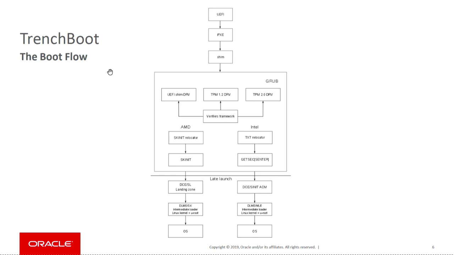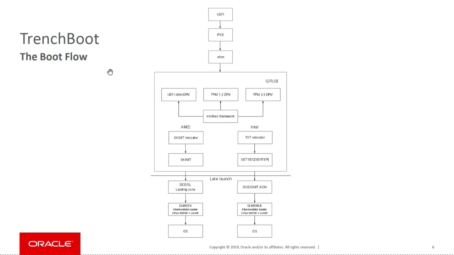Control is passed to secure launch, which is called in our case landing zone, and landing zone passes the control to a secure kernel, which is an intermediate loader used to do various things like measurements, various checks, etc. And if everything is okay, control is passed to the operating system.